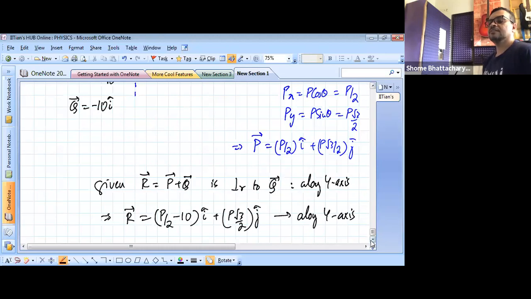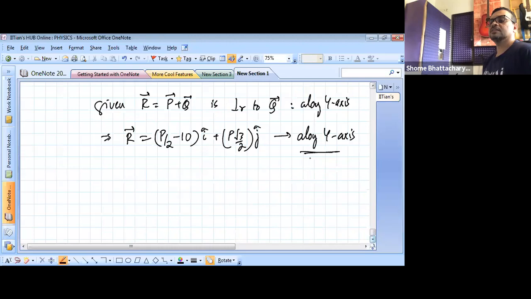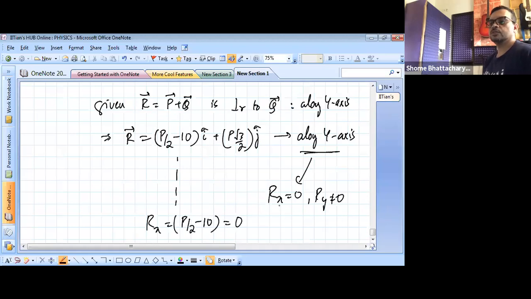So if this resultant vector is along the y-axis, it means that the x component of this resultant vector is 0 and the y component is non-zero. So that means this x component, which is p by 2 minus 10, should in fact equal nothing. It should be null, so that it's only along the y-axis.